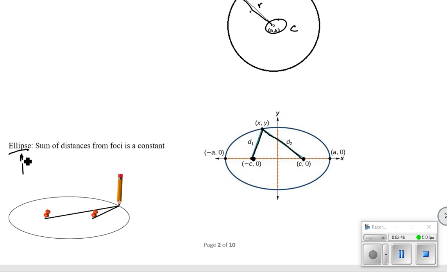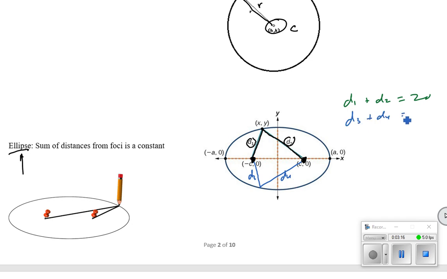Give you an example. In an ellipse, any 2 points have the same distance from these 2 points, which are called foci, the plural of a focus. D1 plus D2, let's say they equal 20. Well, if D1 plus D2 equals 20, guess what D3 plus D4 equal?